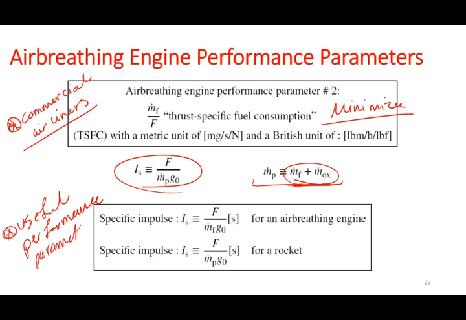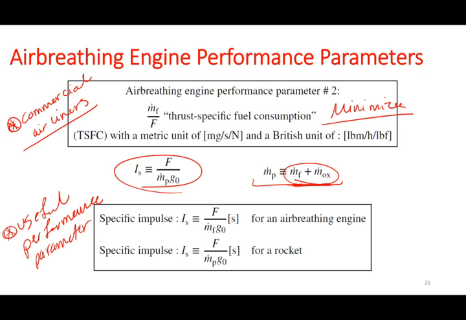But the main reason it is a very useful performance parameter, it doesn't really matter if you're dealing with a military aircraft or commercial airlines, is because of its units. Its units are in seconds, right? And the seconds unit is the same for the British system and the SI system, which means that it doesn't really matter what kind of unit system you have used for your calculations.